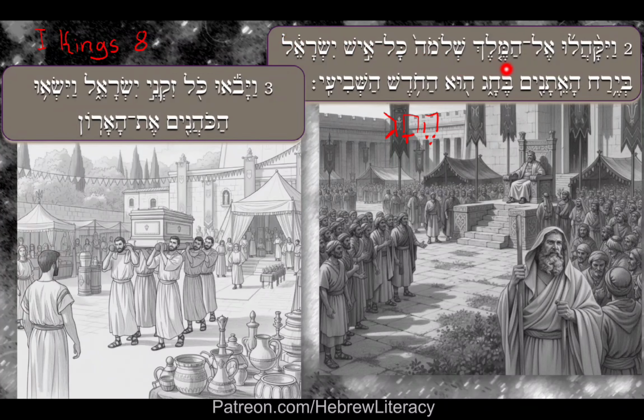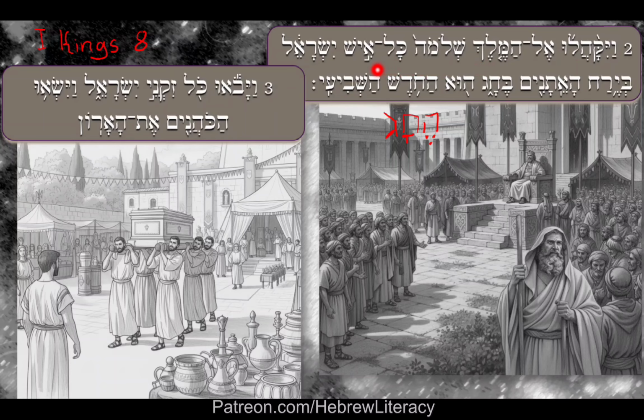Even though it's singular, we need to say men in English. Beyerach ha'ethanim, in the month of Ethanim, which is the seventh month, from Phoenician. Bechag, in the festival, like during the festival, i.e. Sukkot. So you see why this is one of the Haftarah readings for the festival of Sukkot.